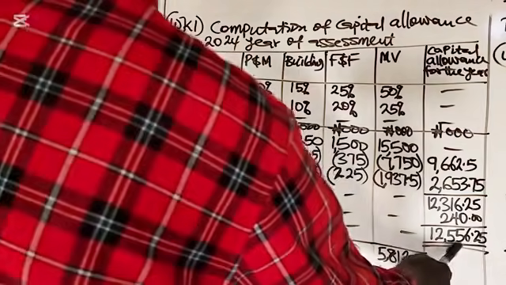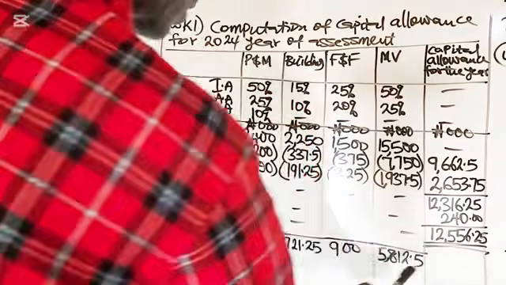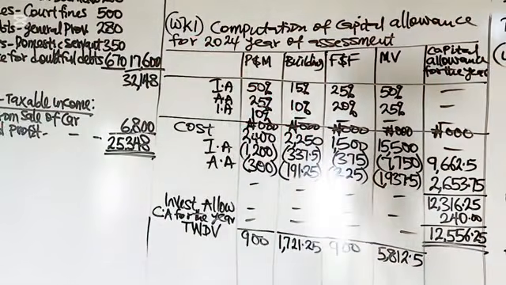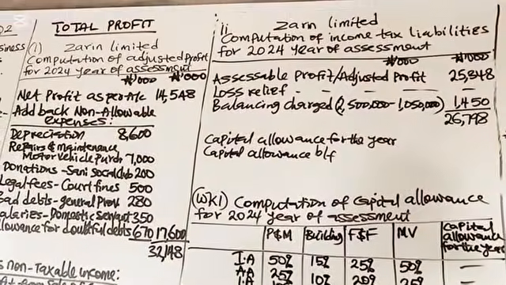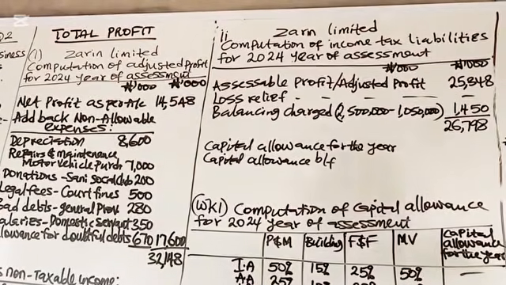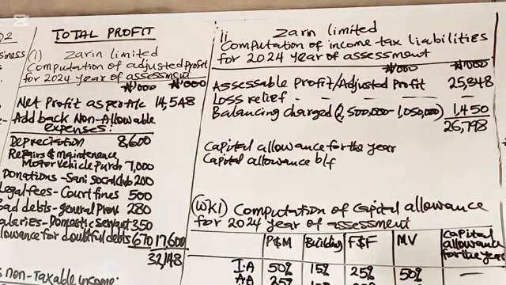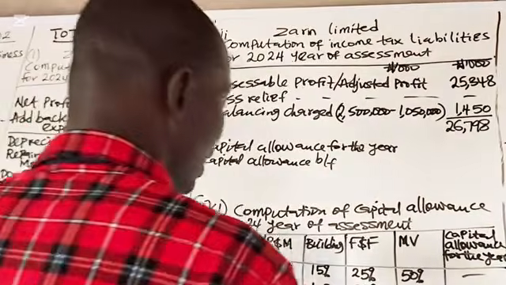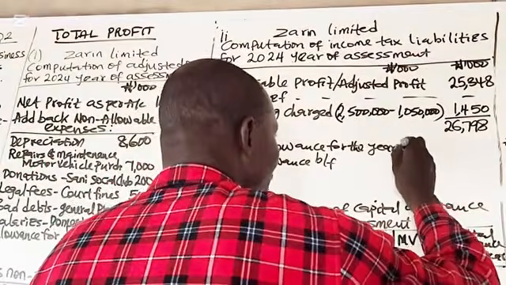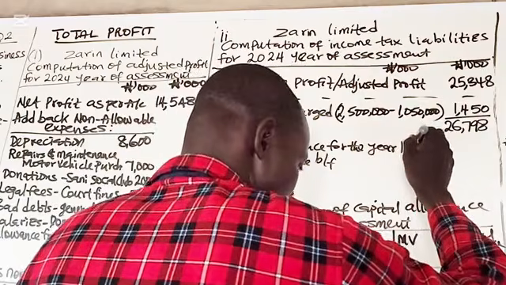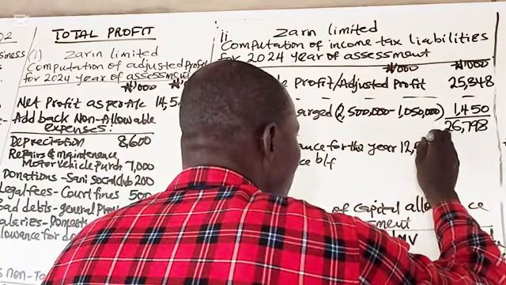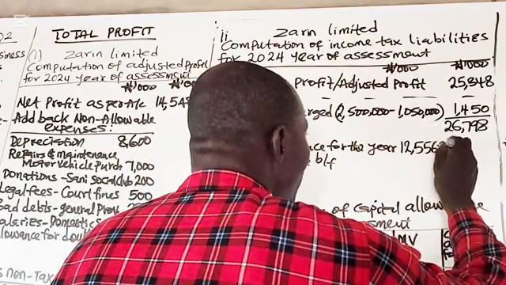Having computed the capital allowance for the year to be 12,556,250, we can claim our capital allowance for 2024 year of assessment. So the capital allowance for the year from our computation is 12,556,250.